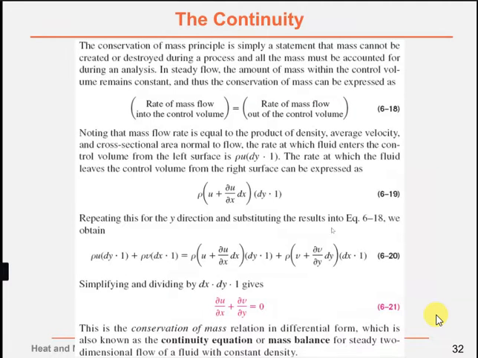The sum of that, the sum of this. Then this is the rate of mass flow into the control volume equals the rate of mass flow out of the control volume. And we simplify that equation and divide it by dx dy and this gives the final form.